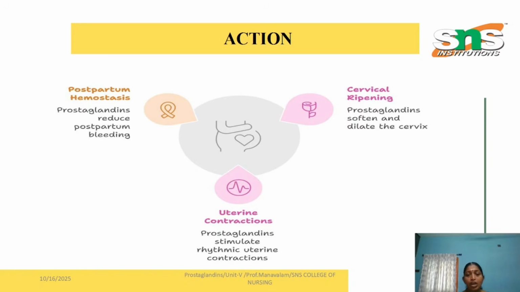Second, along with the oxytocin, it induces uterine contraction, a rhythmic uterine contraction that is essential for labor progress. And after the delivery of the fetus as well as placenta, it is helpful for postpartum hemostasis. It is reducing the postpartum bleeding. So this is the mechanism of action of prostaglandin.